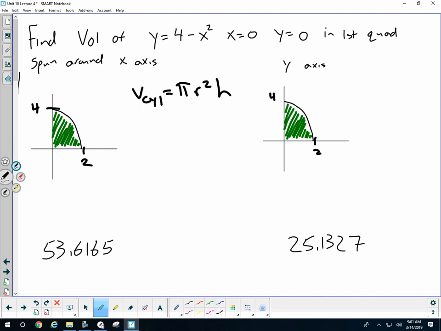Sketch the region. Sketch the reflection. We're revolving around the x-axis. Draw a cylinder. Mark off whether it is a skinny x or a skinny y.